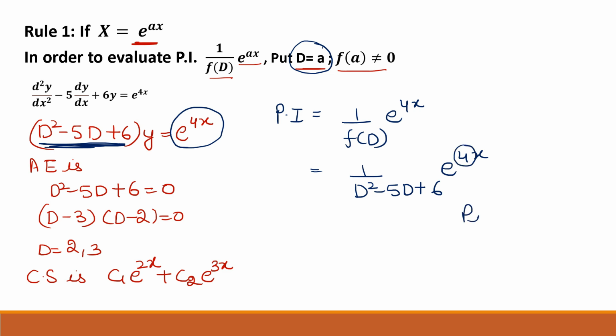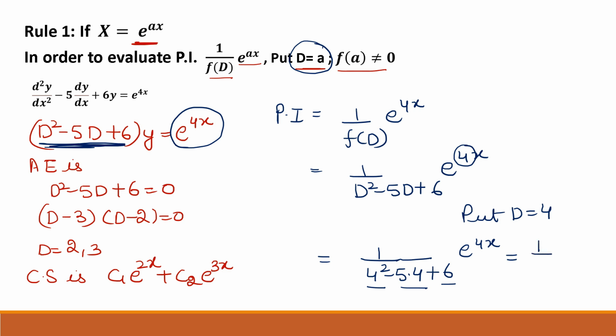So put d equals 4 here. So we get 4 square minus 5 into 4 plus 6, e power 4x as such. Now 16 minus 20 plus 6. So 16 plus 6 is 22, minus 20, that is 2. So 1 by 2 e power 4x. Now see, this is free from d. We are not having any d operator here. So this is my particular integral.